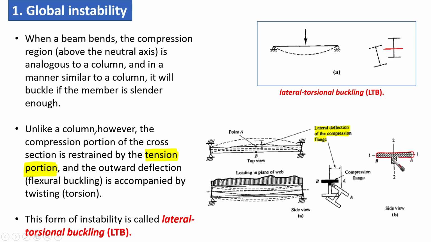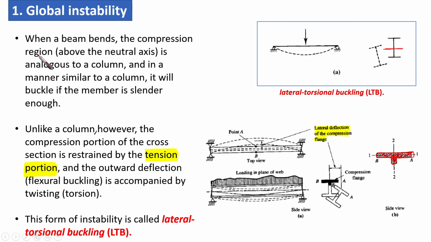You're going to find that this part is going to be under compression. So this means that we have a T-shape that is working as a compression member, like a column, and it is under compressive forces. This means that it tends to buckle.